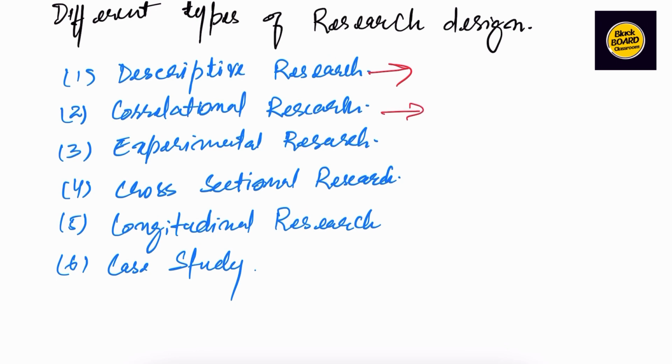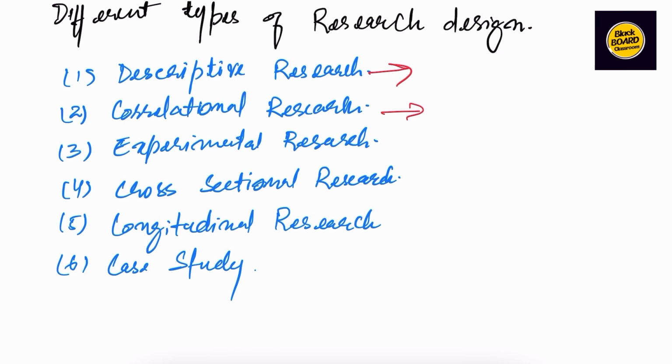Basically we are learning about the types of research designs, not the detailed description of descriptive or correlational research. The types are descriptive, correlational, experimental, cross-sectional, longitudinal, and case study.